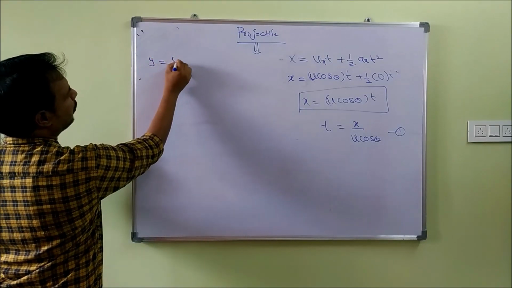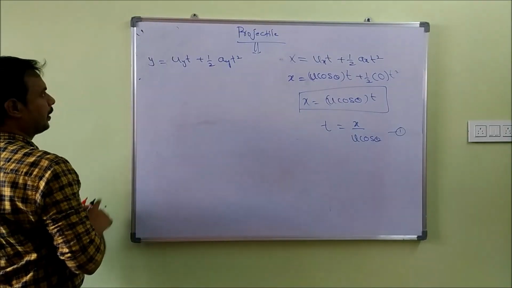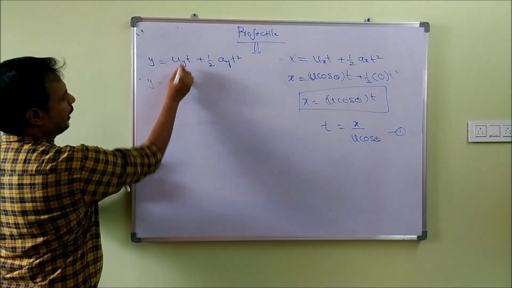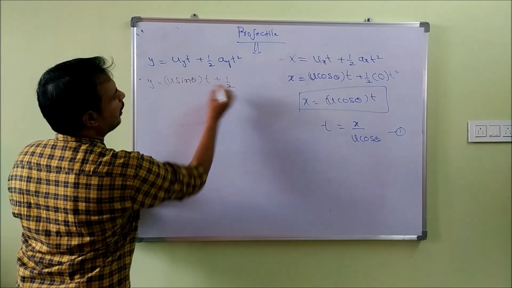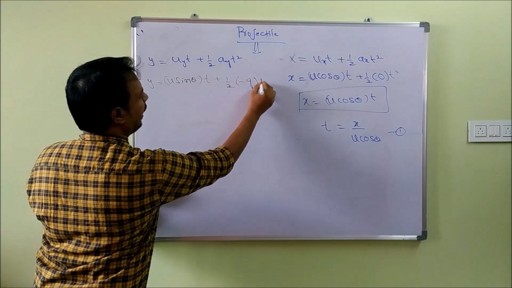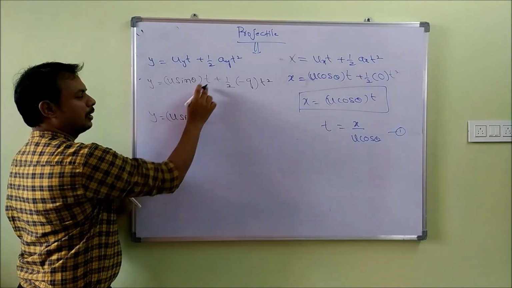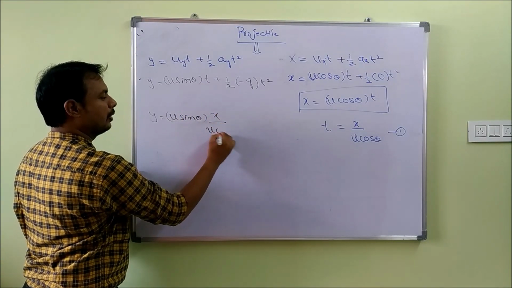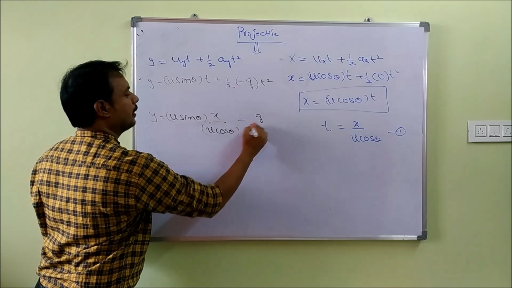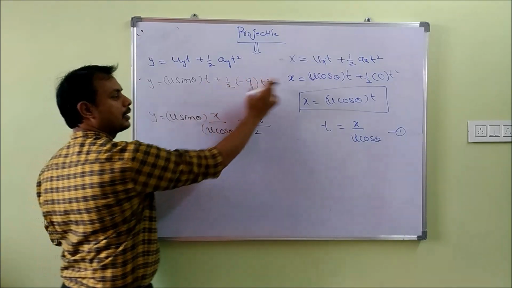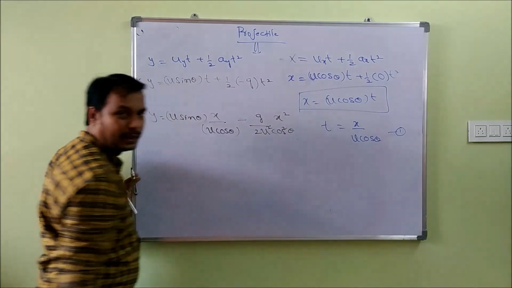That is y equals uy, which is u sin theta, into t, plus half ay, which is minus g, into t square. y equals u sin theta, with t being x by u cos theta, and of course minus g by 2 t square, which is x square by u square cos square theta.